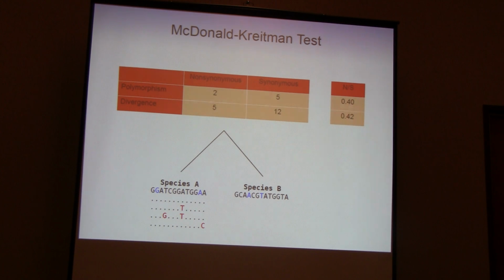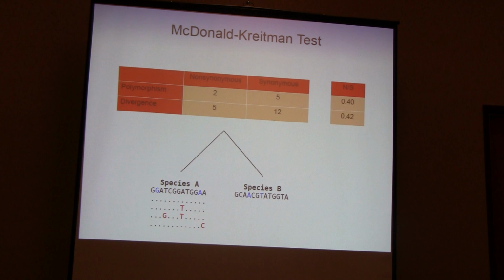The test compares the number of non-synonymous and synonymous SNPs within species, the ratio of those data, to the number of non-synonymous and synonymous differences between species. If one assumes that synonymous sites are neutral or perhaps at some equilibrium with very weak selection, then the expectation is that this ratio of non-synonymous to synonymous variation within species should be equal to that between species.